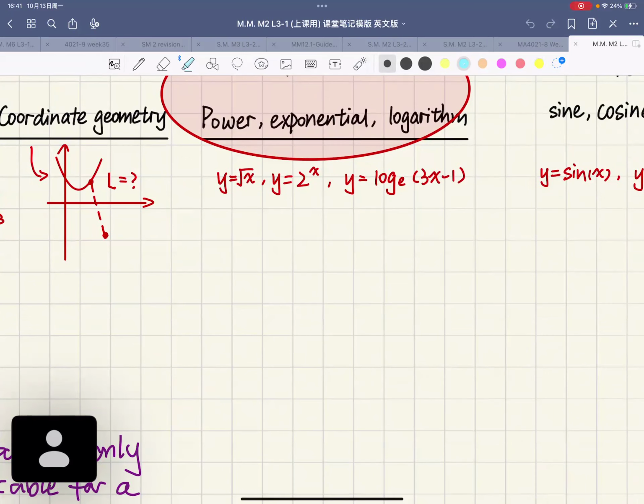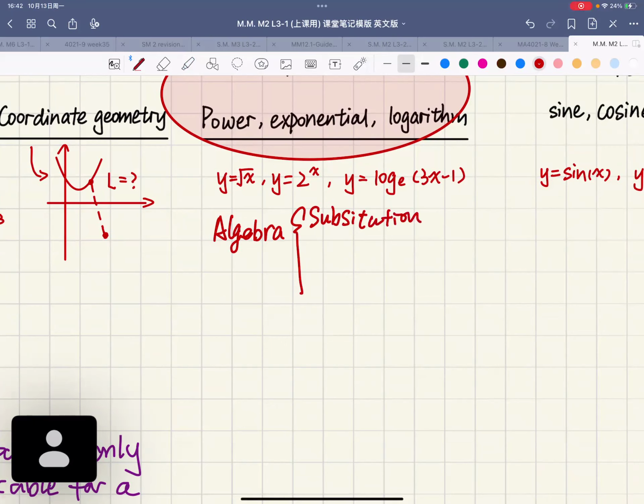One is algebra. Algebra includes substitution, for example solving, and rearranging.